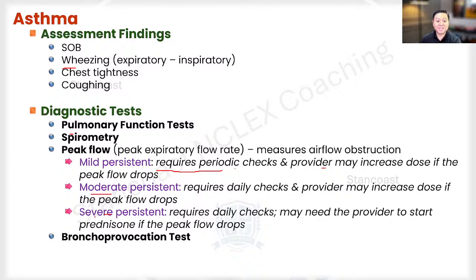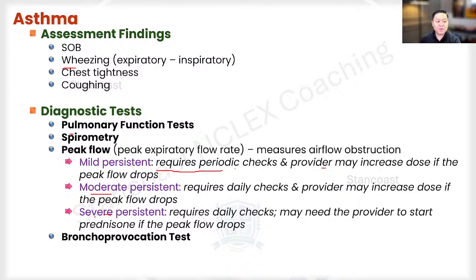This is what we call hyperresponsiveness. The bronchoprovocation test will assess how reactive the airways are and how fast they can narrow in case they are exposed to some triggers, maybe an allergen.